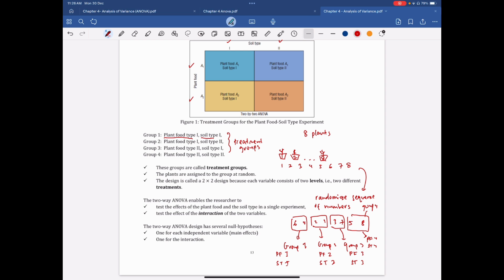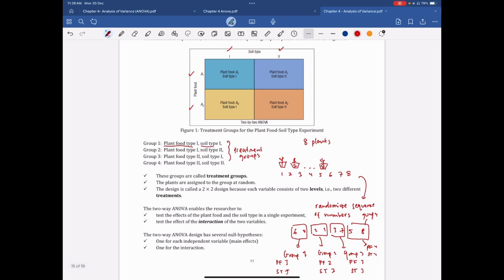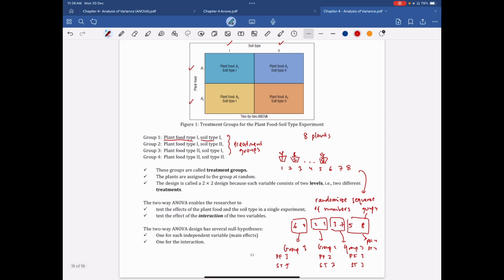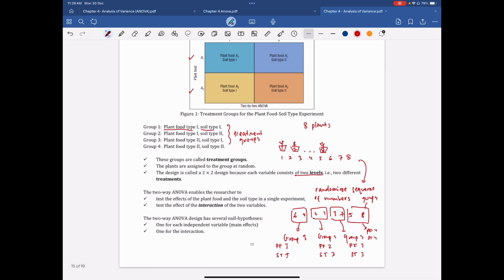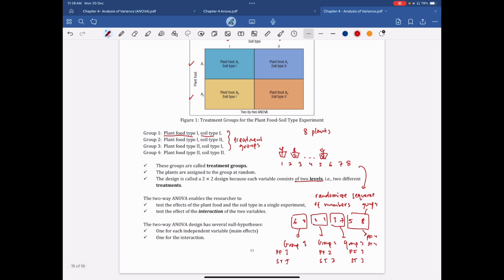For this particular design, we call it a 2 by 2 design because each variable consists of two levels. Two levels means you have soil type 1 and 2, and plant food A1 and A2. What you can get by performing two-way ANOVA is that you can test the effect of plant food and soil type in a single experiment.